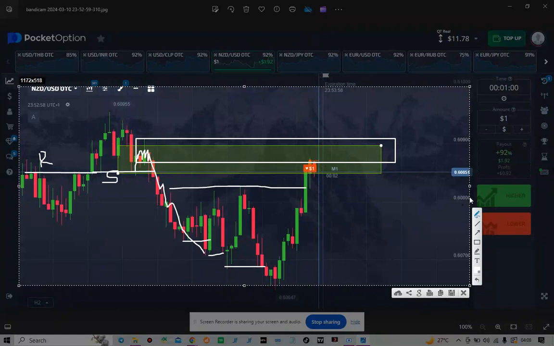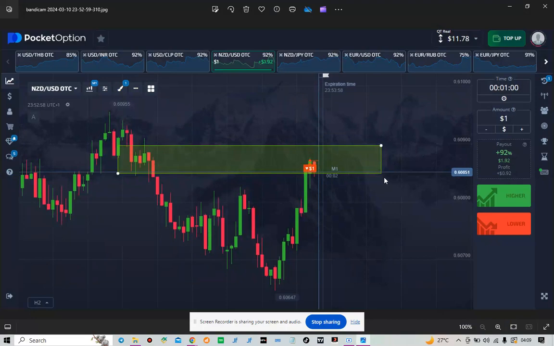This type of base we call drop base drop, D B D. So I wait for the price to close inside the zone with a rejection, then enter the trade. That is what happened here. That is why I go with sellers on this trade. Actually, I still won the trade.